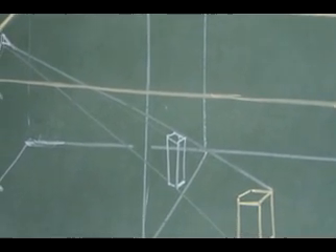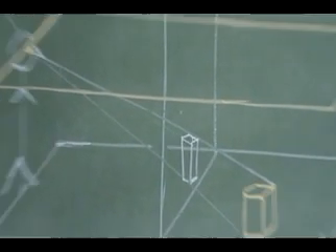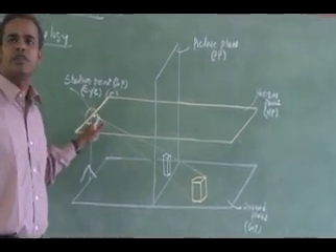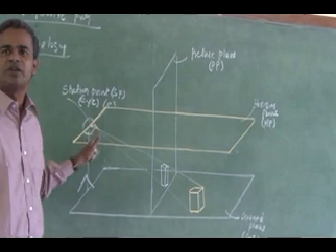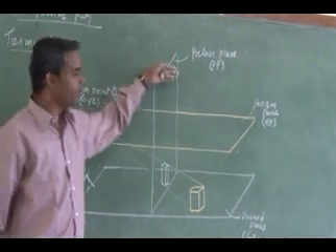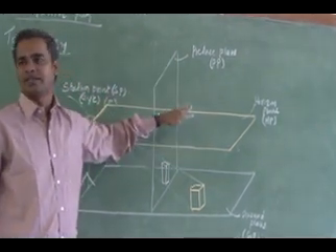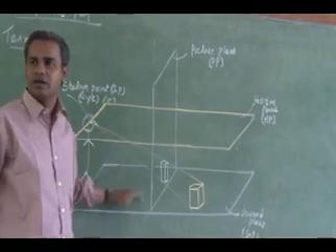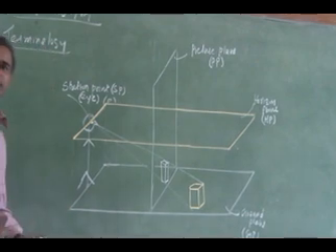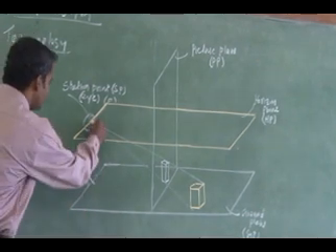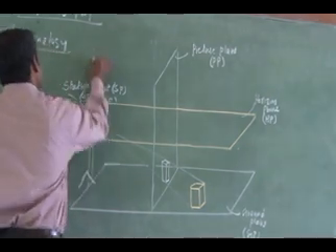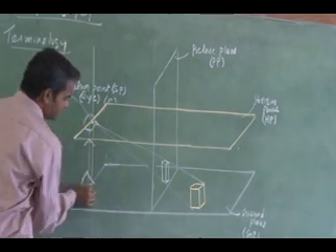Then one more plane I am going to introduce. Again, it should pass through the station point, that is the eye of the observer, and it will be perpendicular to all the other three planes. That is, perpendicular to the picture plane, the horizontal plane, and the ground plane. The plane will be like this.